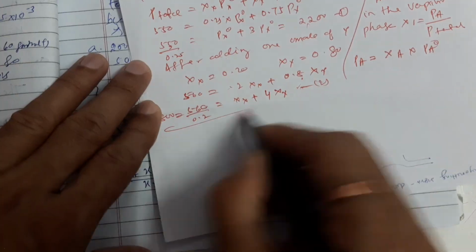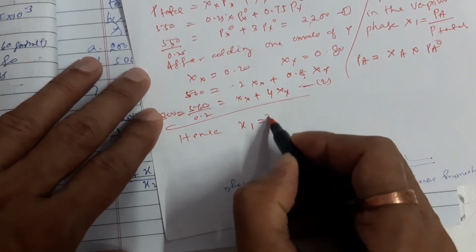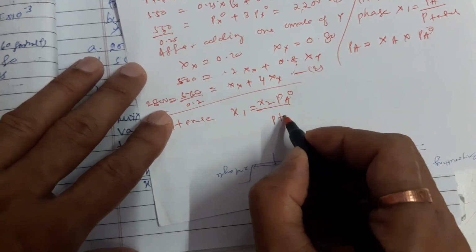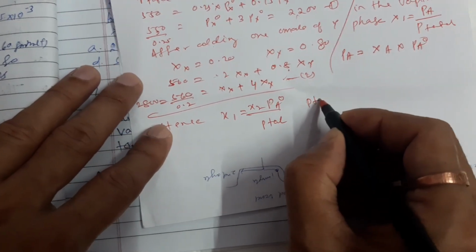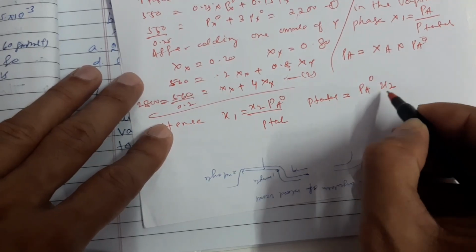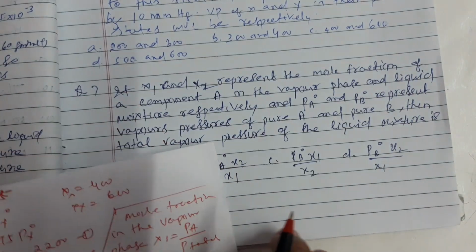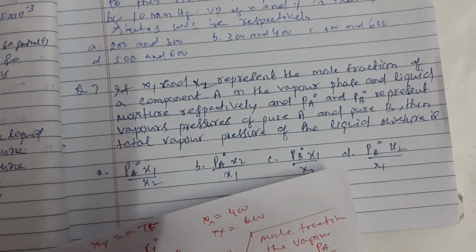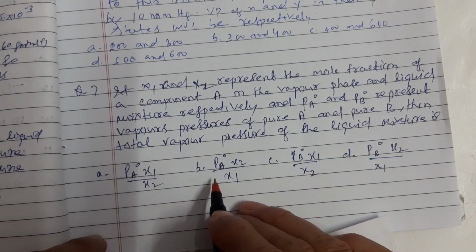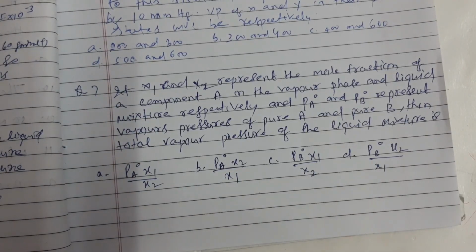Hence x1 is equal to x2 PA0 by P total, so P total is equal to PA0 x2 by x1. Okay students, so out of the choices B is the correct answer, because PA0 x2 by x1 is the correct answer. Okay, have a good day.